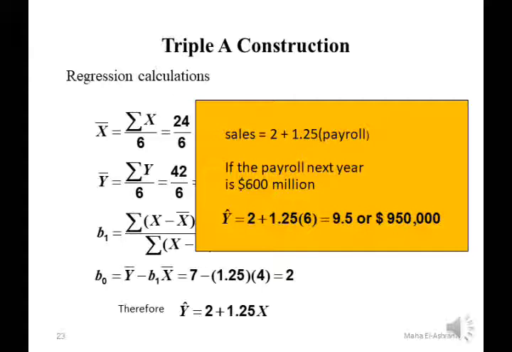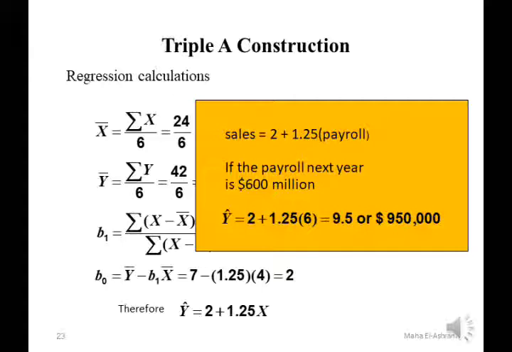So now, if the payroll next year is 600 million, which means that X is equal to 600 million, what is the predicted value for the sales? In my equation, I have to substitute the payroll, or the X, by the value. If you remember, we said that payroll is measured in hundreds of millions.